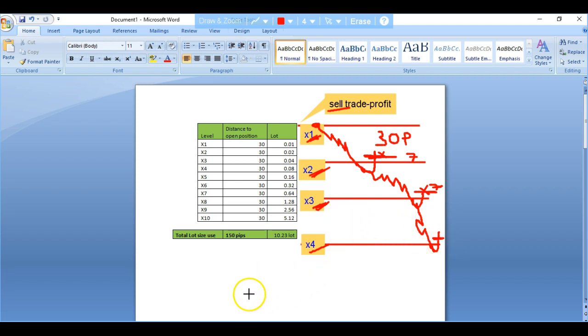The moment your market is just like this, which means it's one-sided, you will cover this, so your profit will always earn. Whenever the market reverses back, it will always be earning. Alright, so this is how the beauty of this martingale works. Either you're losing or you're winning, always win.